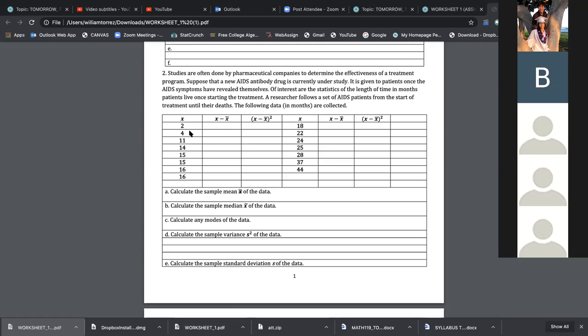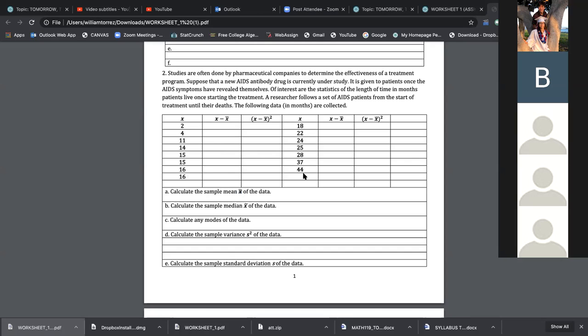This data happens to be ordered from min to max here. Notice that the values are listed in ascending order from the minimum of 2 out to the maximum of 44. Now, what would be the midpoint value of this data set, splitting the data right in half?